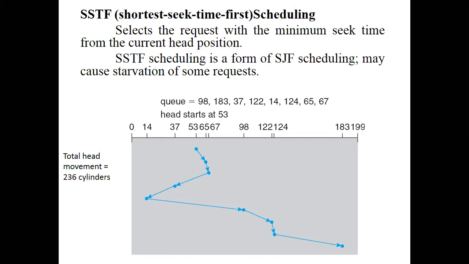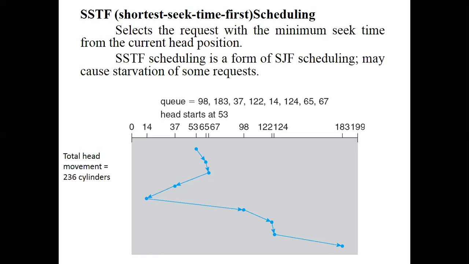That request is serviced first. That's why it is called shortest seek time first scheduling. It is a form of shortest job first scheduling, which we have already discussed in CPU scheduling. The disadvantage of this algorithm is that it may cause starvation of some requests.